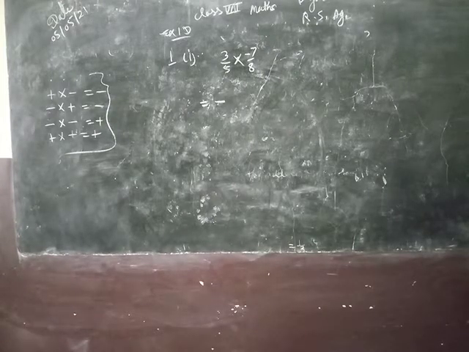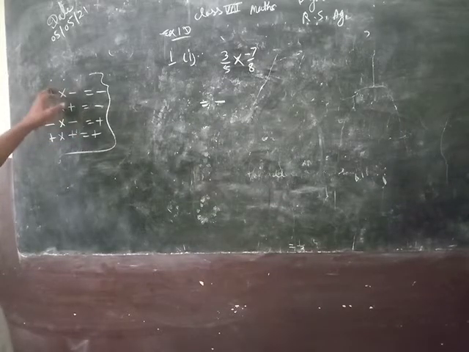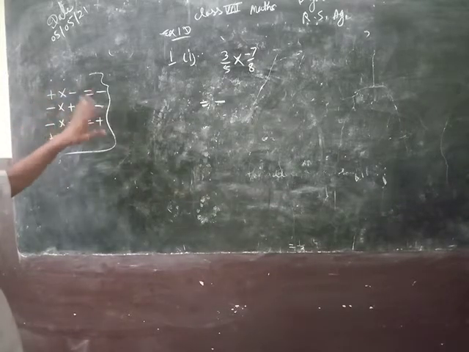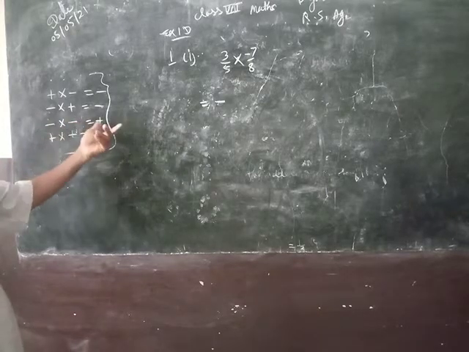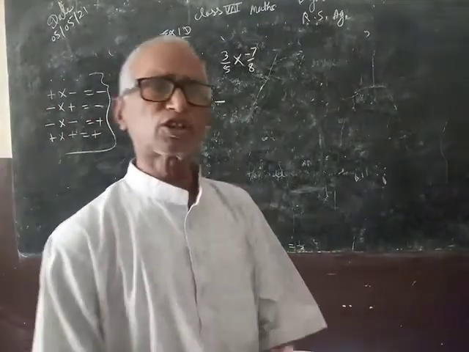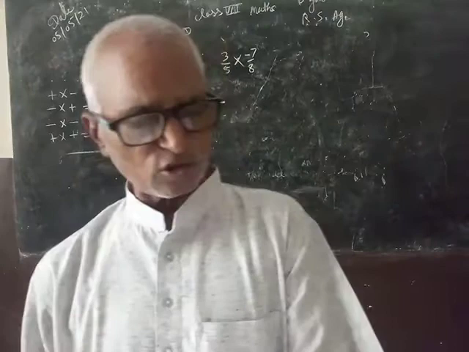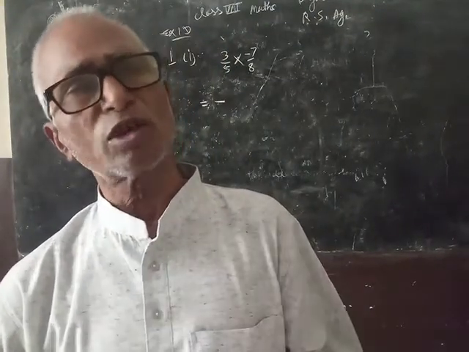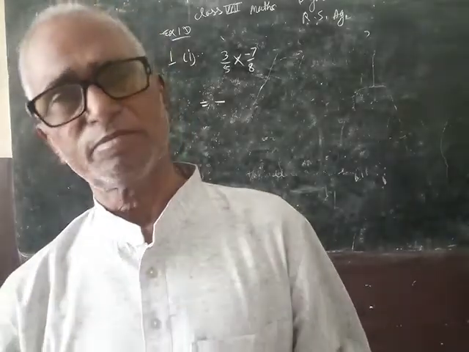Whenever a negative number is multiplied with a positive number, as in the first two cases, negative will come. When the signs are similar, negative into negative or positive into positive, the result is positive.